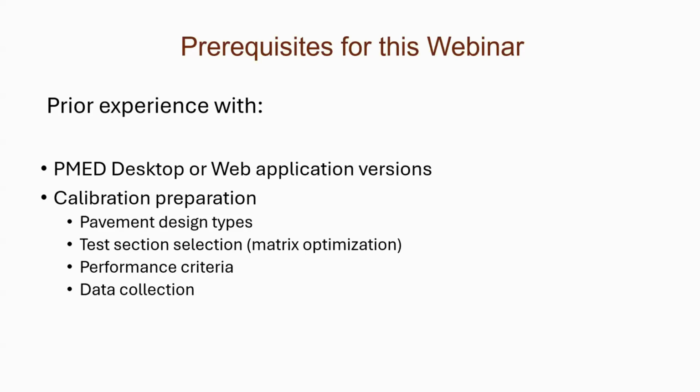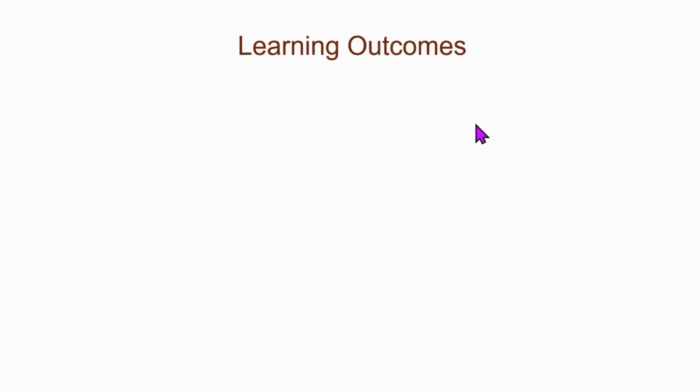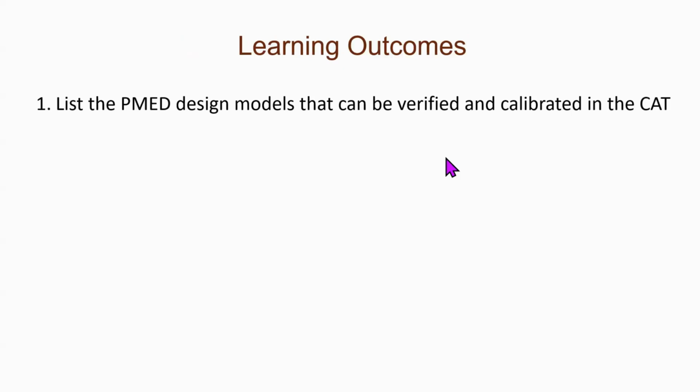Also, know what the performance or design threshold criteria are for your pavements, and how to go about doing the basic data collection for that. I'm not dissuading anybody that maybe hasn't gotten into that yet, but it's good to have initiated thinking about those things.